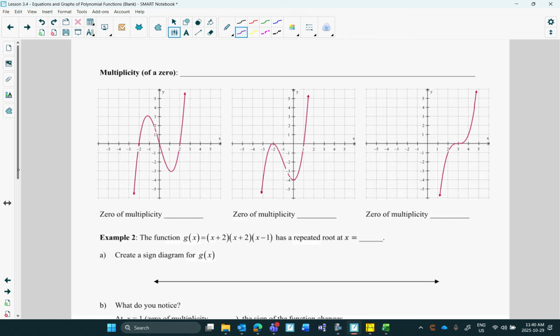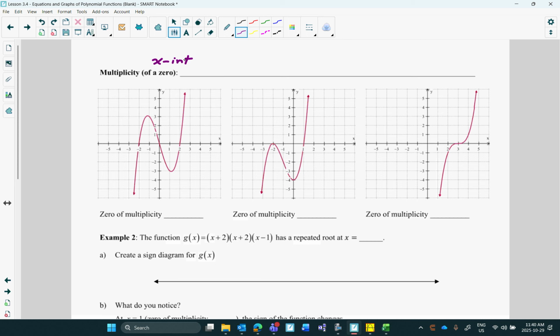In the previous example, and in this example, my curve went through all the x-intercepts, didn't they? They just went straight through them. What we call that is multiplicity of a 0. And remember, 0 means the same thing as x-intercept.